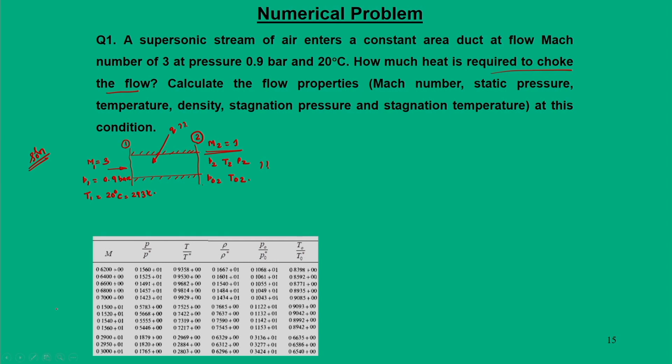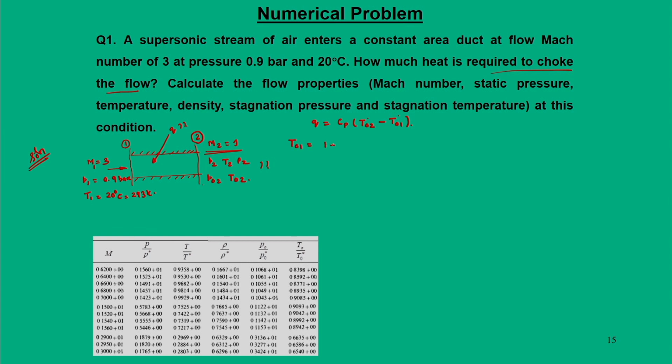But before you start this, we can recall that this Q is nothing but Cp times T naught 2 minus T naught 1. Now, since this is not known, we have to find out, and T naught 1 is known to us. So, how do you first find out T naught 1?